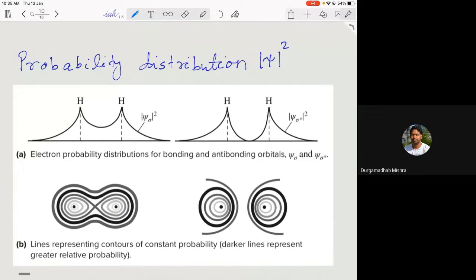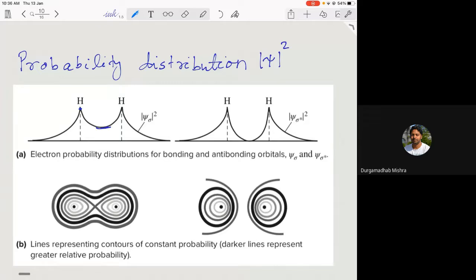For the bonding molecular orbital, you just take the modulus square of the wave function. The highest probability is still near the atoms, like in the atomic case, but you still have some probability that you can find the electron in between the two atoms.